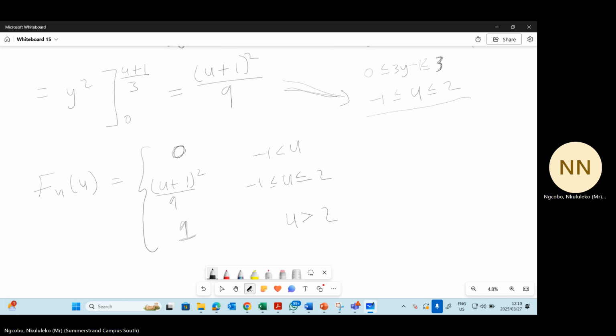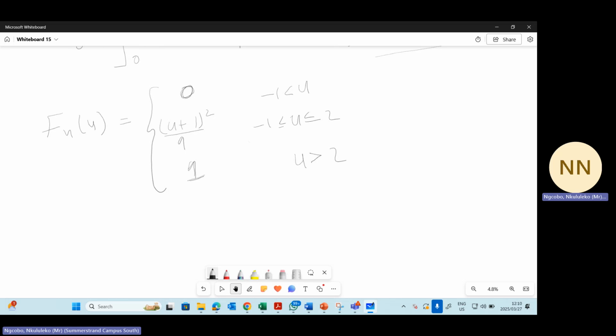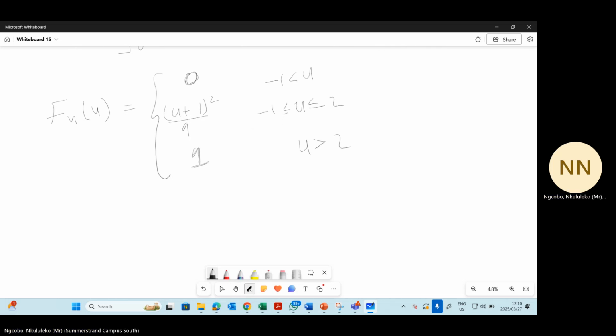Now, once you understand that, how do you find the density function? Because that's the actual question, right? The density function is just the derivative of the distribution function F of u.